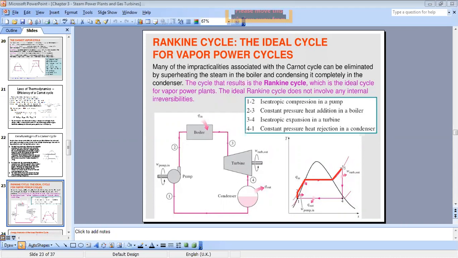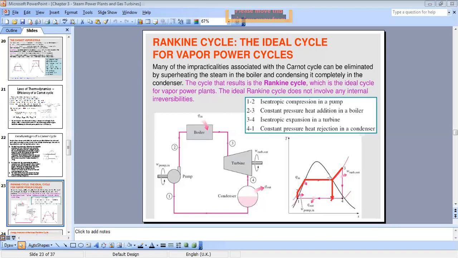Why do I do this? Because I don't want to have liquid droplets on my turbine. So if I stop at this level, look what I will have. I will have in my turbine at the end a point inside my curve, so I will have droplets of liquid.